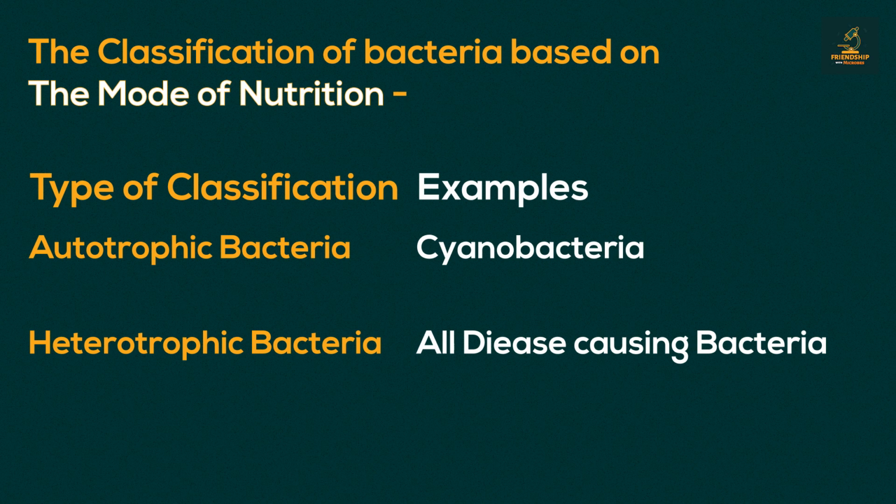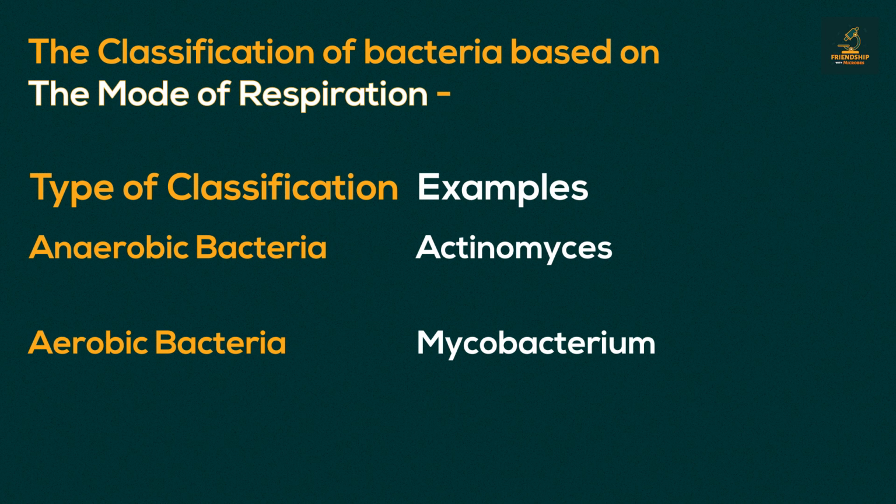There are two types, autotrophic bacteria and heterotrophic bacteria. Autotrophic bacteria are cyanobacteria and heterotrophic bacteria are all disease-causing bacteria. Number 4, classification based on the mode of respiration. There are also two types, anaerobic bacteria and aerobic bacteria. Anaerobic bacteria are Actinomyces and aerobic bacteria are Mycobacterium.